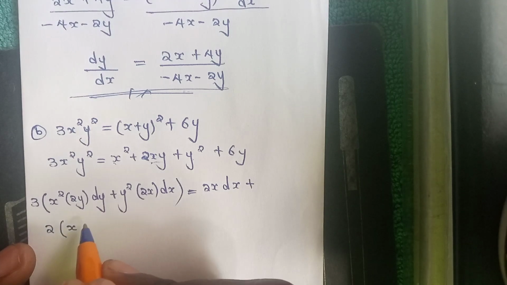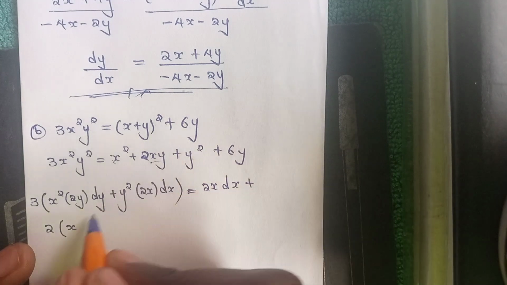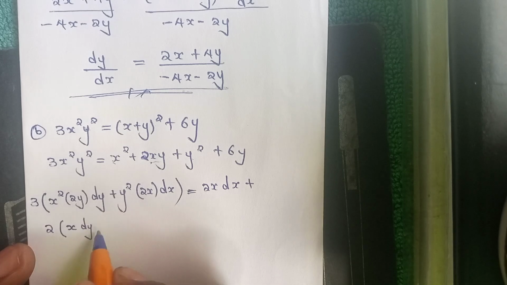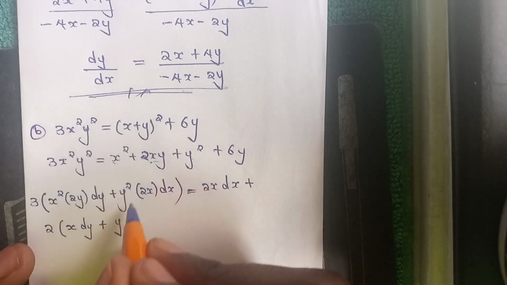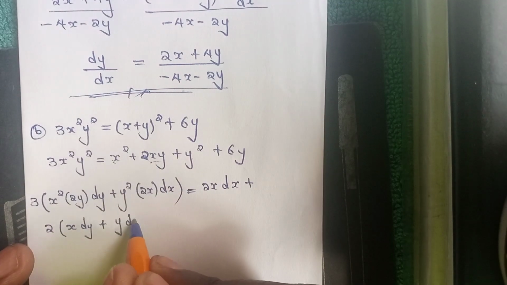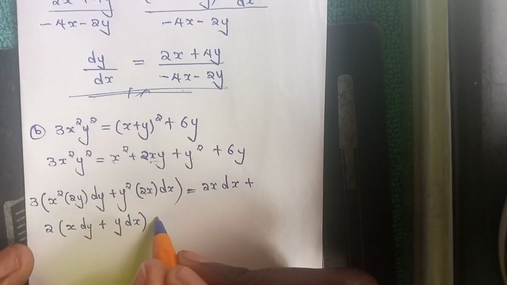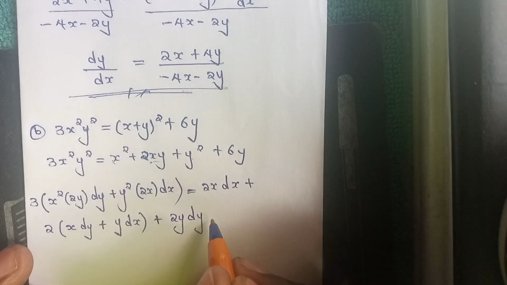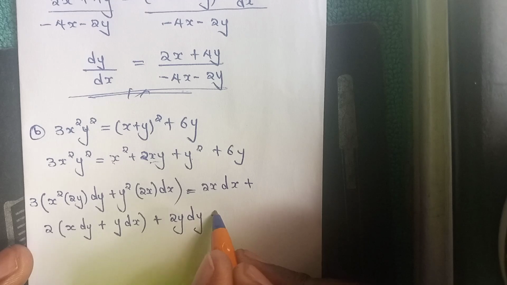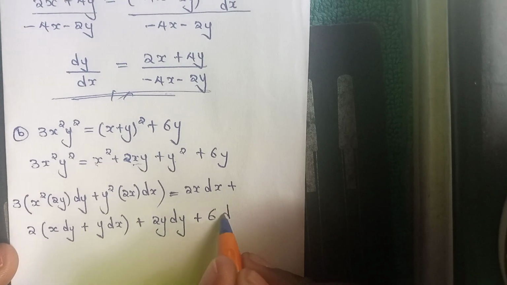So I maintain the first guy, I differentiate y, which will be 1. So with respect to dy, addition. I maintain the second, I differentiate the first, which will be now dx. Then I come here, I just use power law, then I put dy. And when I come to 6, again I use power, which will be just 6 dy.